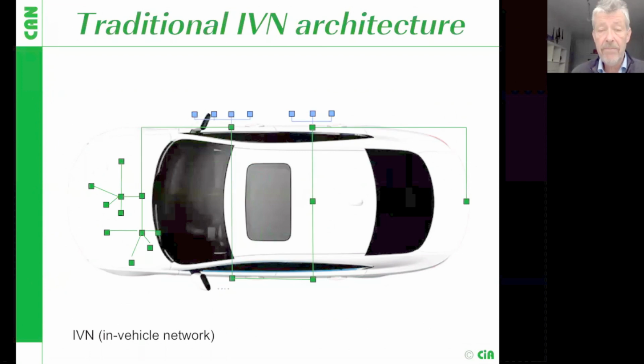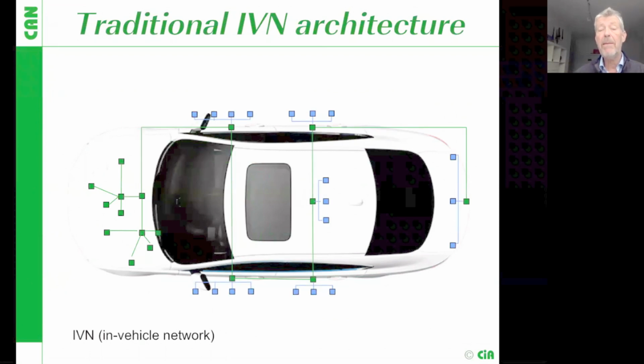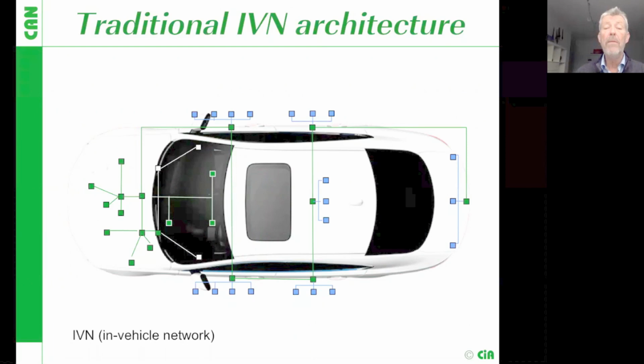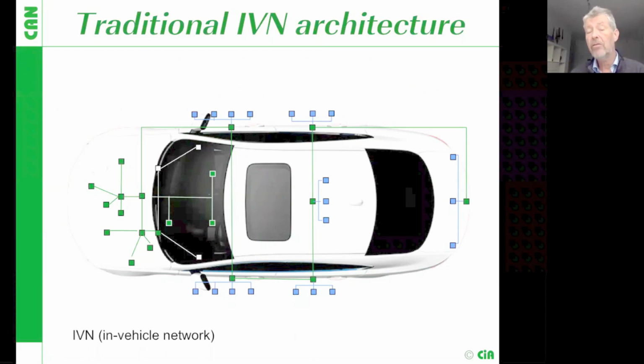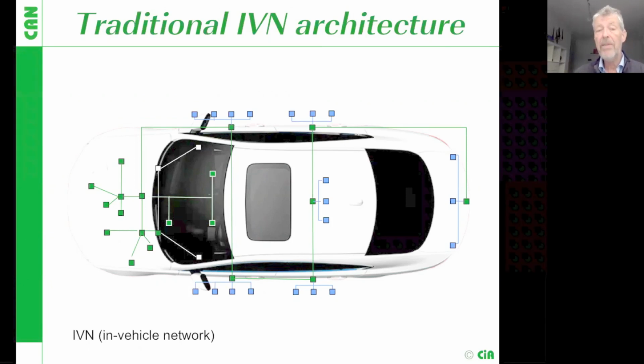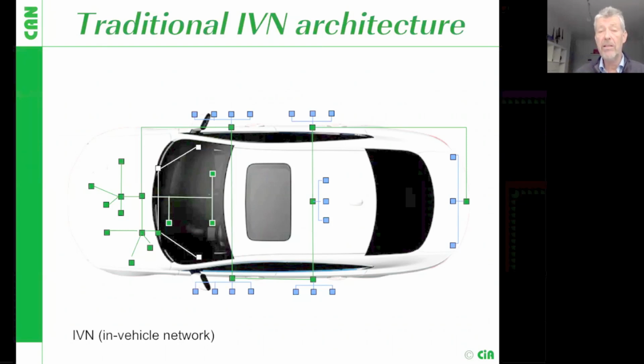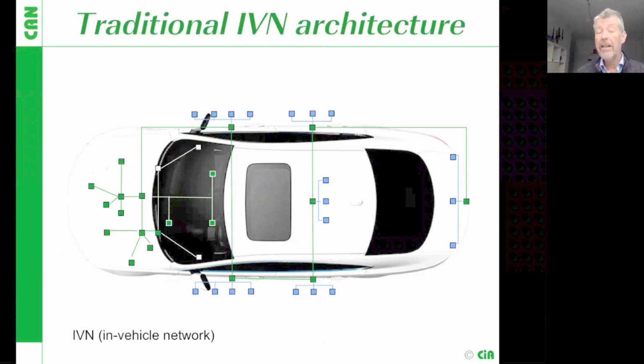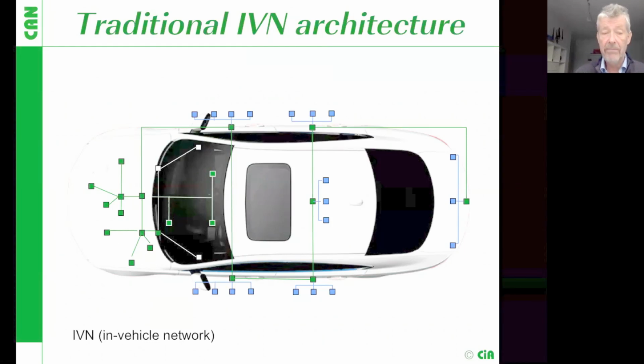Over the time, step by step more and more electronic control units were introduced, which are connected to in-vehicle networks. Most of them were connected to CAN-based networks, but there were also other networks coming into the game, like LIN, like FlexRay, and last but not least, Ethernet.